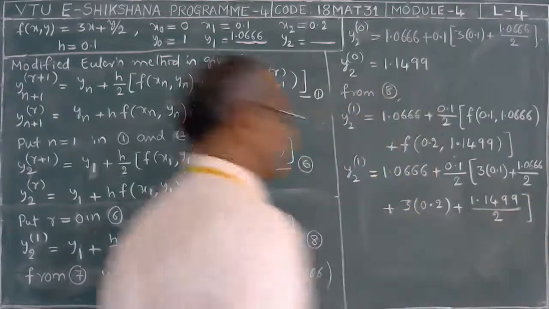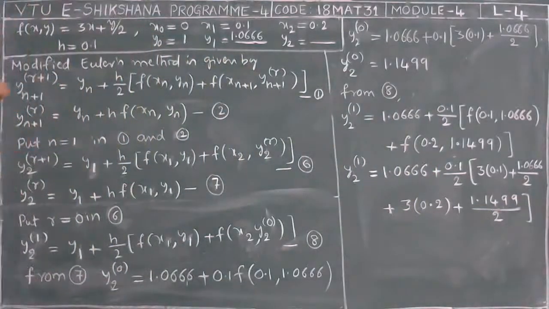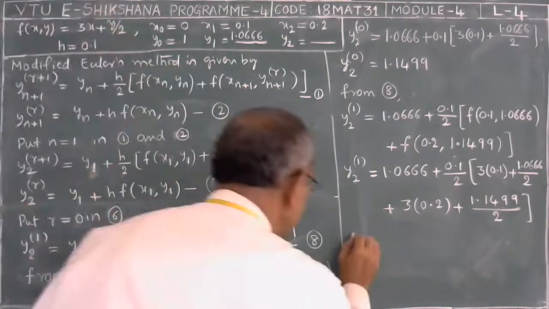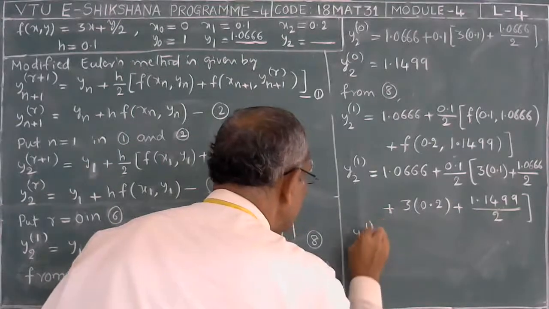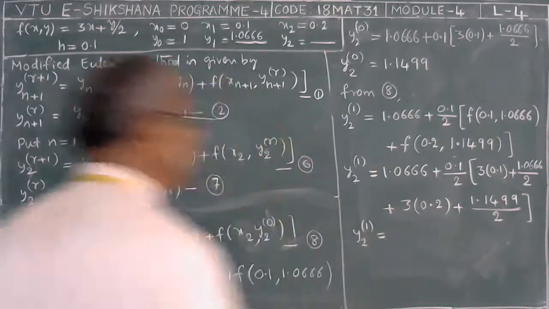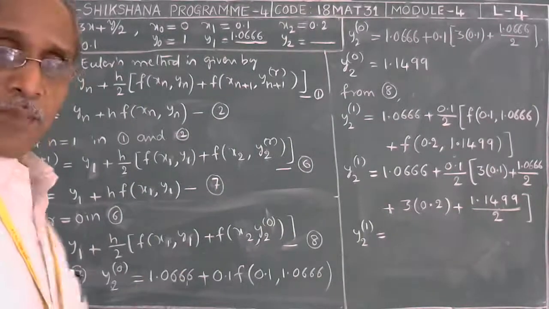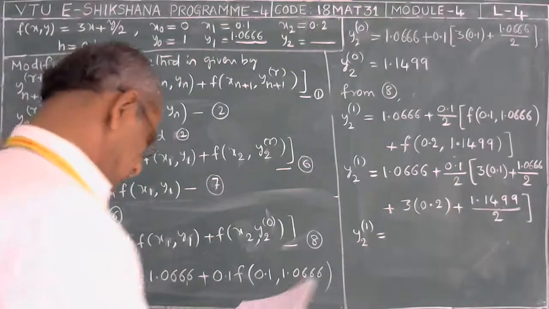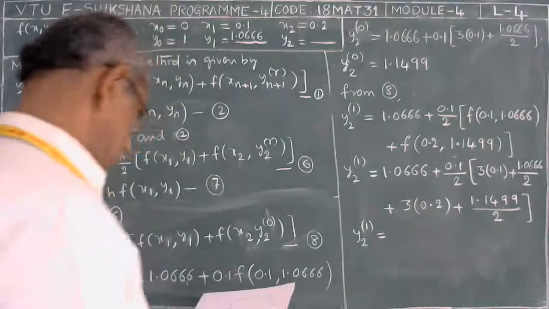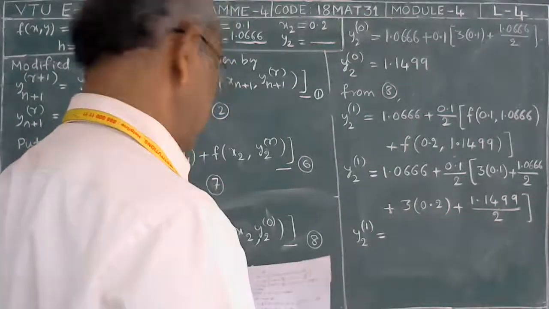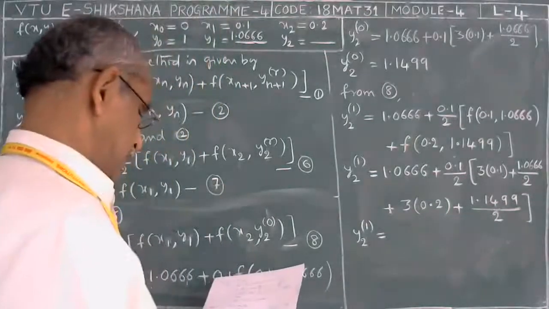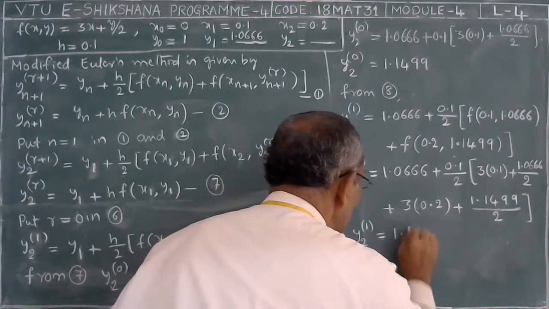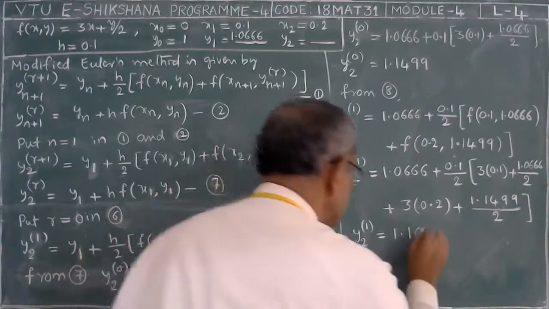Close the bracket. If you carefully compute using a calculator, you get y2 1 is equal to 1.1670.